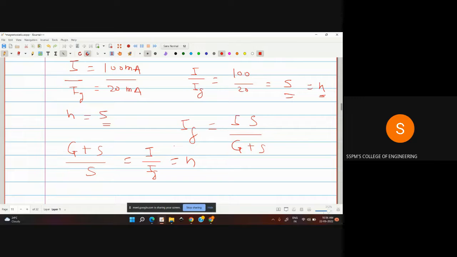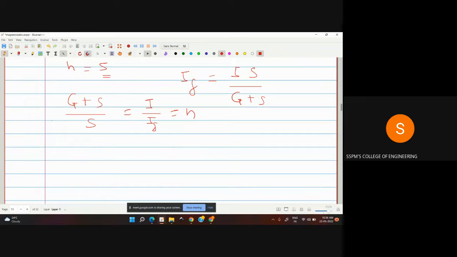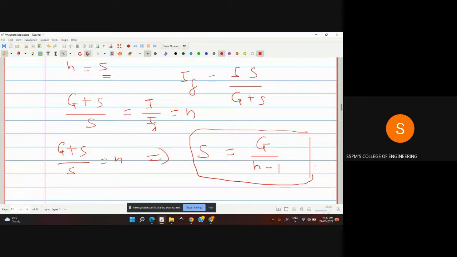And after solving this equation, हे सॉल्व केल्यानंतर तुम्हाला काय मिळेल, S is equal to G upon n minus 1 मिळणार. हे इक्वेशन एकदम इम्पॉर्टंट आहे.